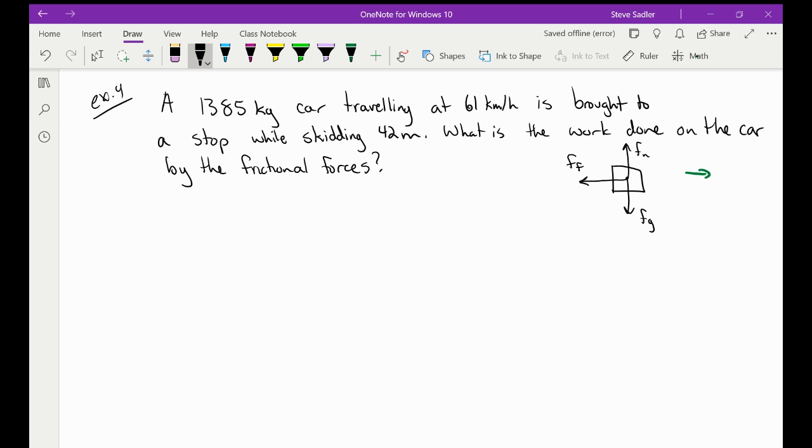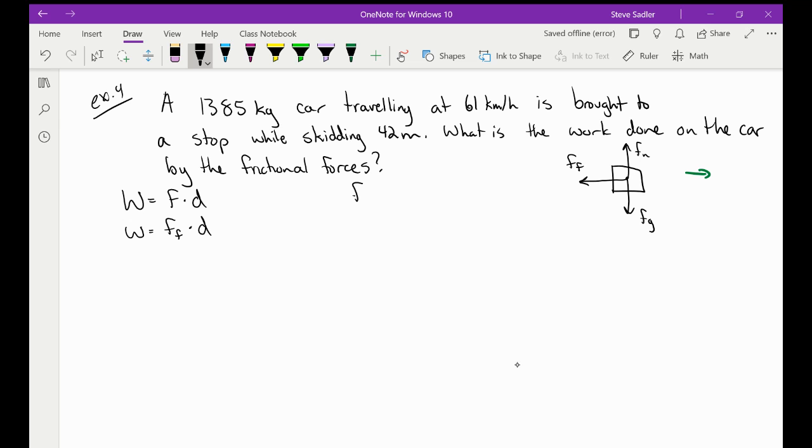So let's work it backwards. We know work is force times distance. In this case, we're looking at force of friction, right? We're trying to find the work done by the force of friction. And we don't know much to figure out the force of friction. We don't know the coefficient of friction. So there's another way we can do it.